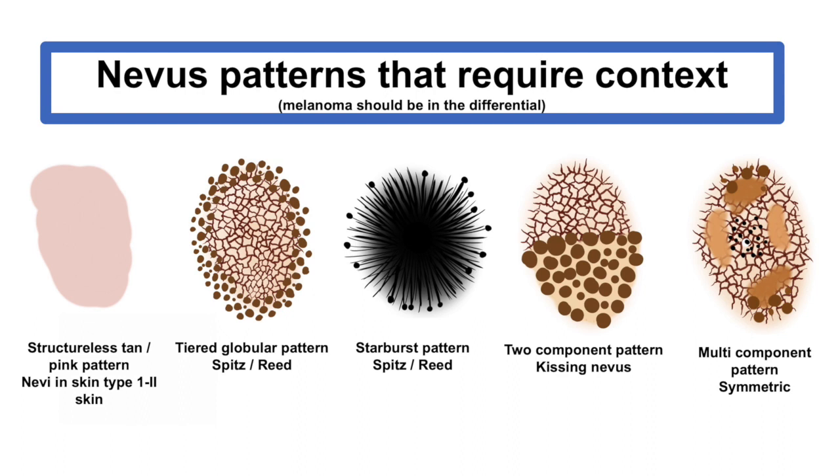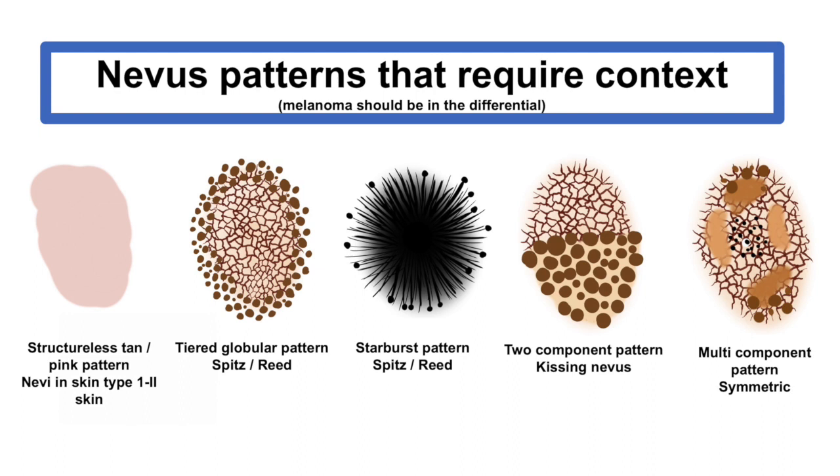And without context, it would be impossible really to know what to do. What are those? So number 1, homogeneous tan to pink. Very, very common in type 1 and 2 skin. Extremely uncommon in type 3 skin and higher.